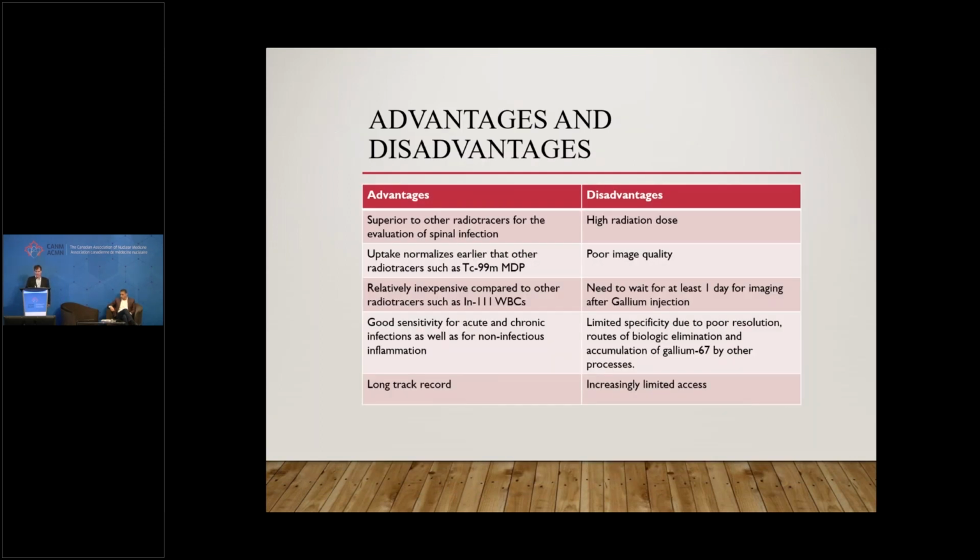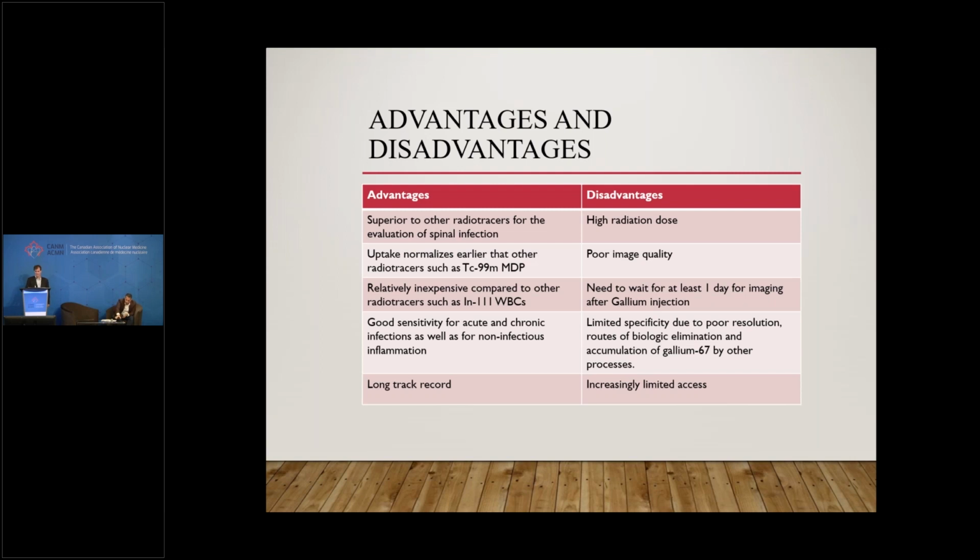And now to finish, I'm going to talk about the advantages and disadvantages of gallium. So the last two slides will be the summary. The advantage of gallium is that it's superior to other radiotracers for the evaluation of spinal infection.